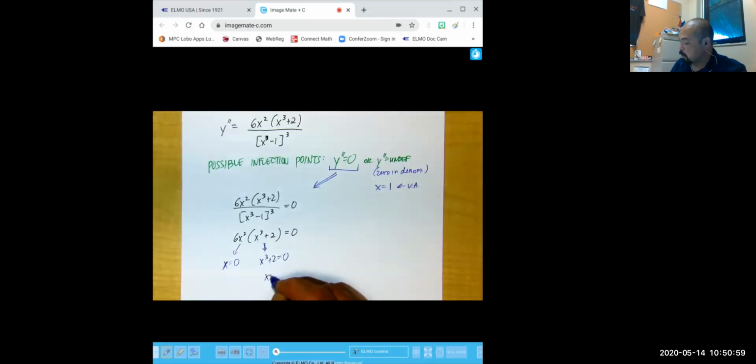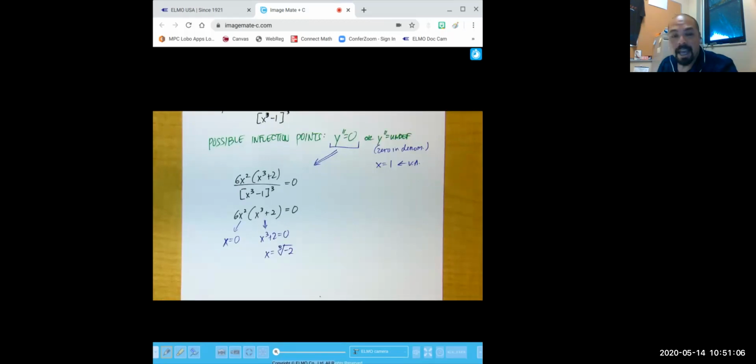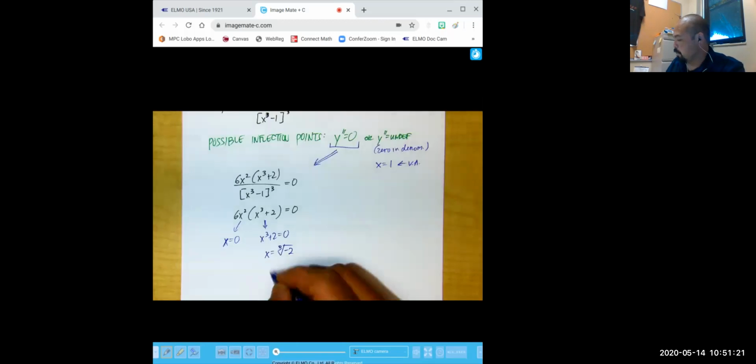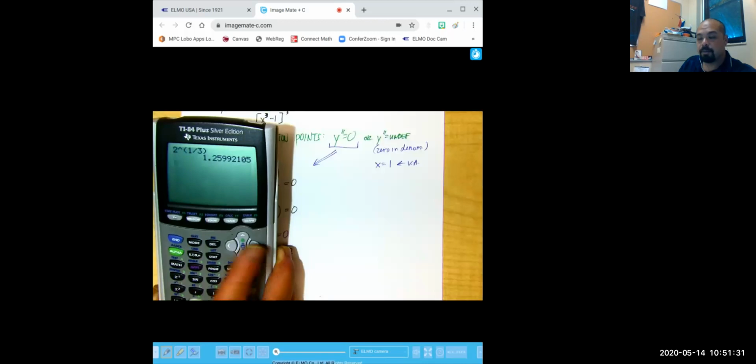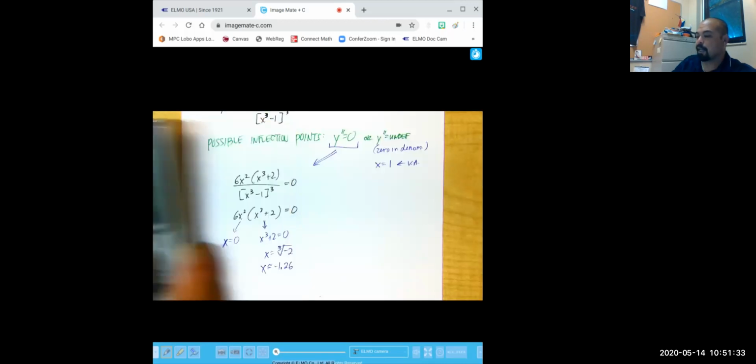That's going to be x equals the cube root of negative 2, or likewise, the negative of the cube root of 2. And if you want to get a decimal, we can. Let's do that real quick. 2 to the 1/3 power, the cube root of 2, negative 1.26. It's 1.2599, but negative, so I can round like so.